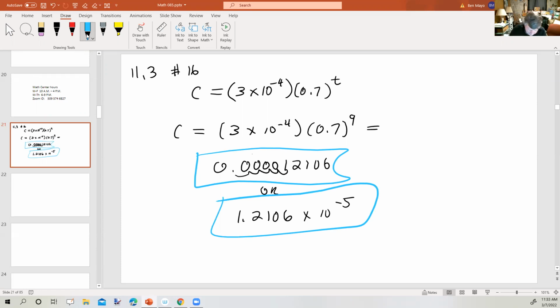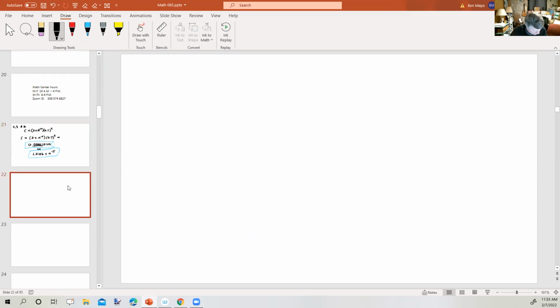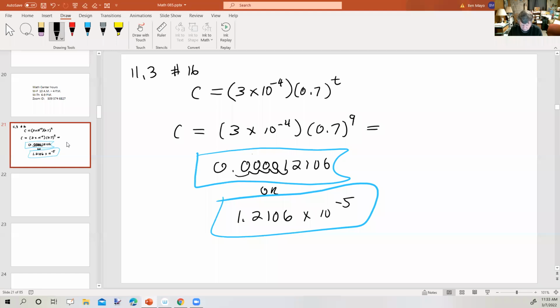All right, well then we'll continue on to section 11.4. Sorry, Mr. Mayo, I actually have a question about that. Yeah, the one we just did? Yeah, sure. Only because my calculator, when I put it in, gives me 1.2106 as my answer. Okay, does it say 1.2106 E negative 5?